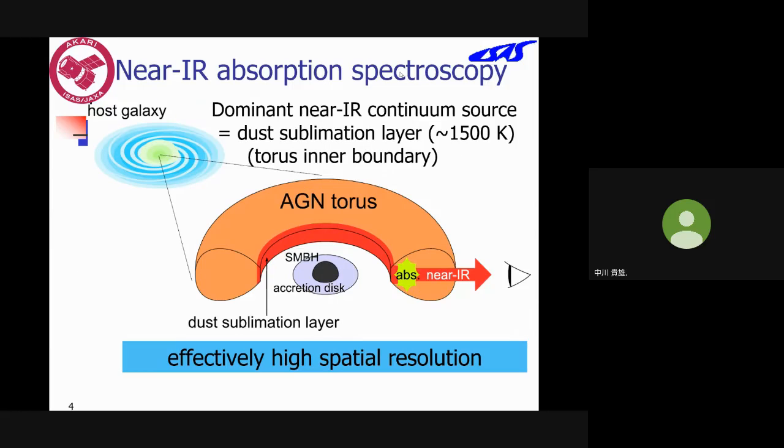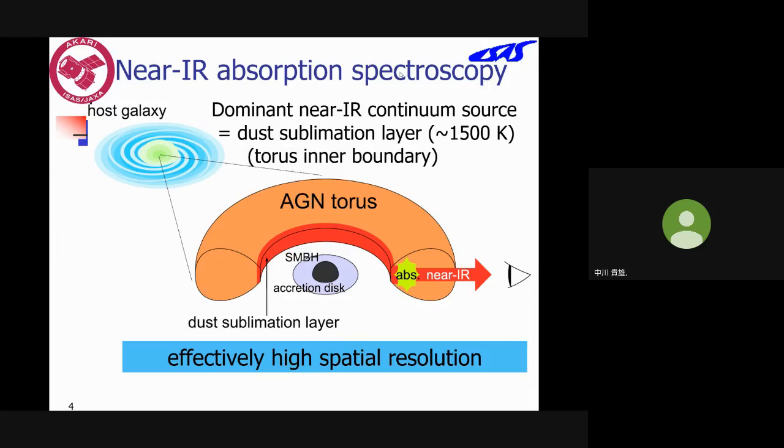So instead of these emission observations, we have been carrying out absorption observations. If we have the molecular torus, something like this, the inner edge should be limited by the sublimation temperature of dust, which is around 1500 Kelvin.